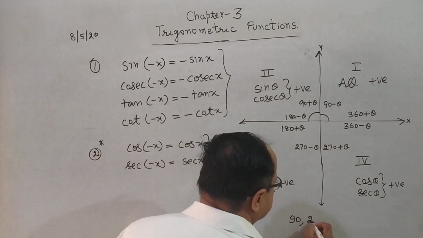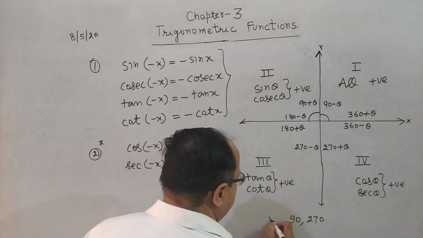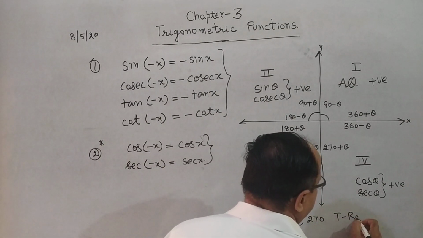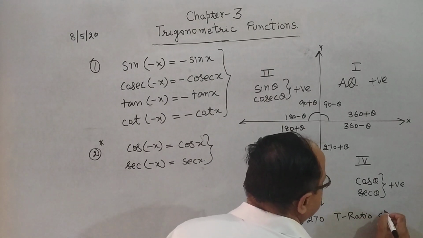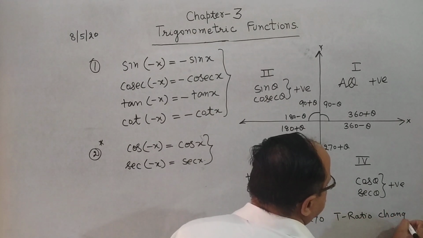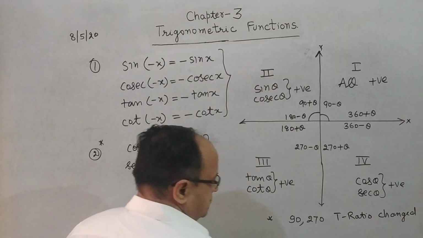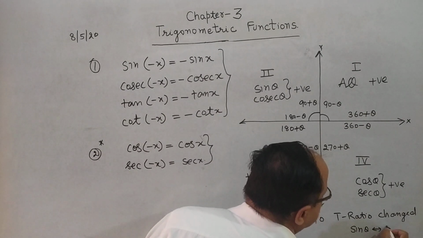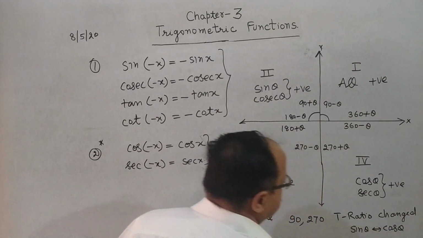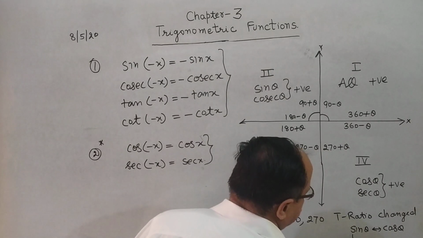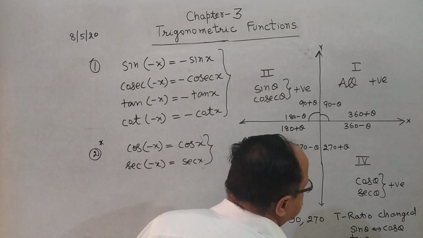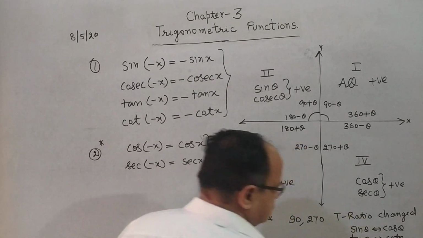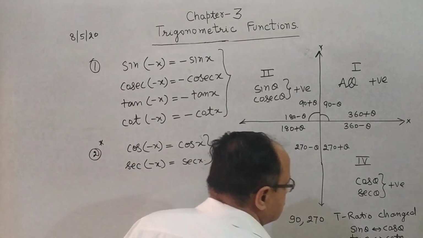Clear? So you know that in case of 90 and 270, T ratio changes. Changed how? Sin theta changes into cos, and cos theta into sin. Tan theta changes into cot, and cot theta into tan.